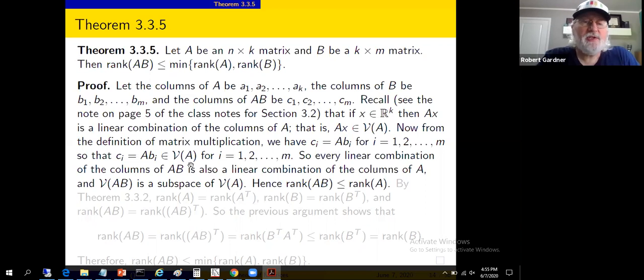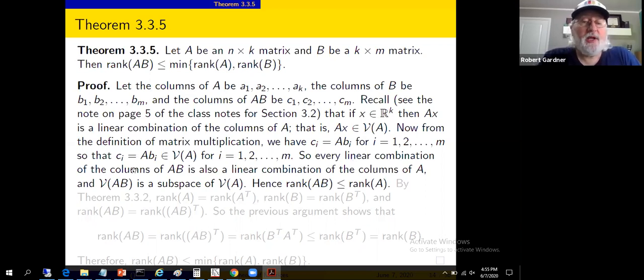All right, so what we just accomplished was we showed that any column of the product AB is in the column space of matrix A. So every vector in the column space of the product is a vector in the column space of matrix A, is what we've shown. So there comes an inequality right there in terms of that set inclusion really.